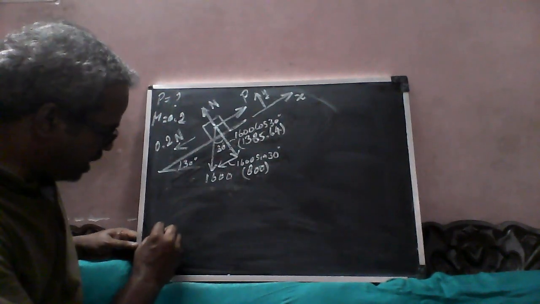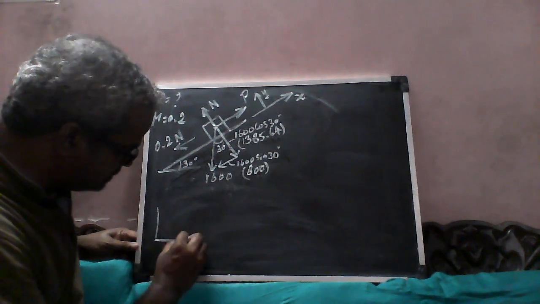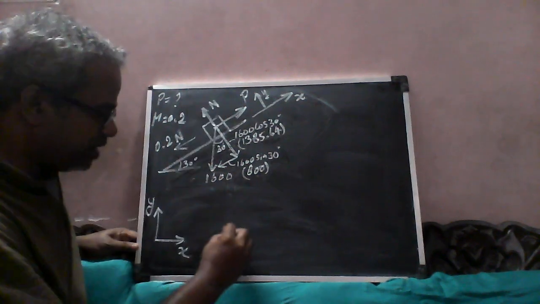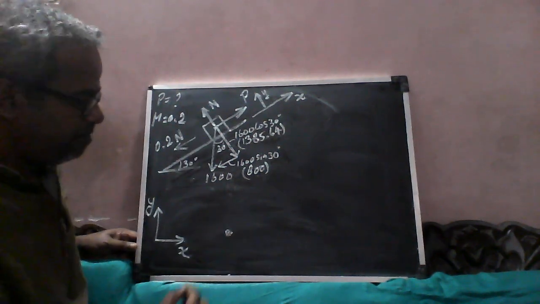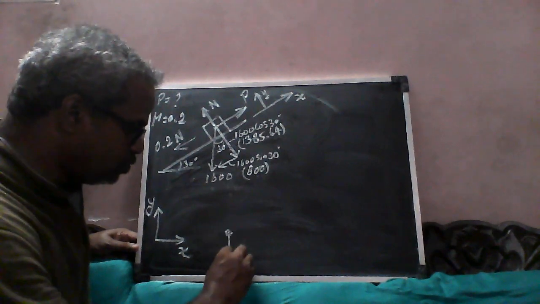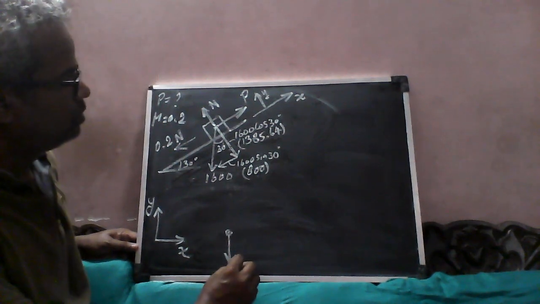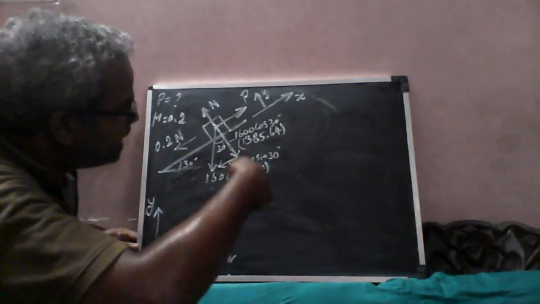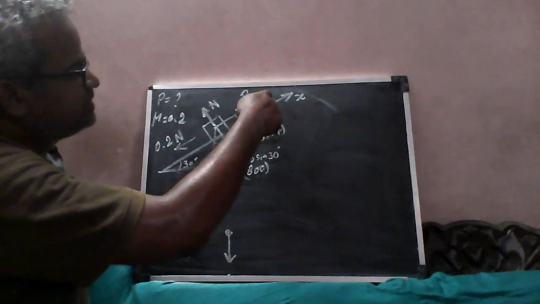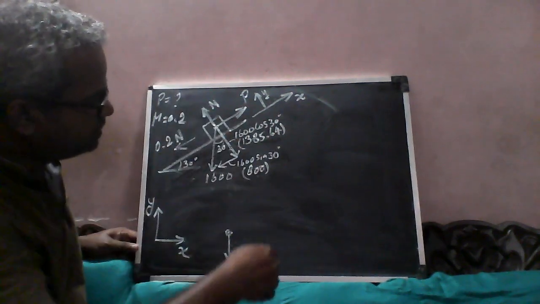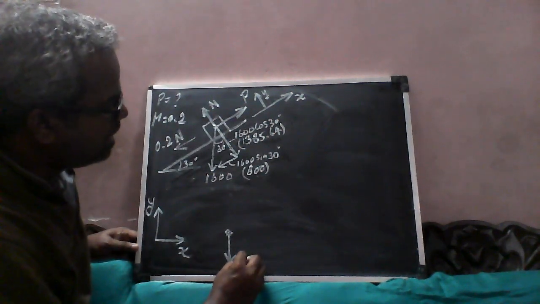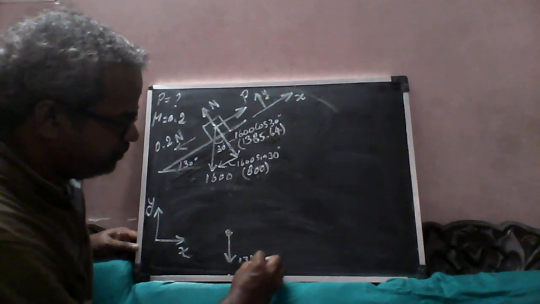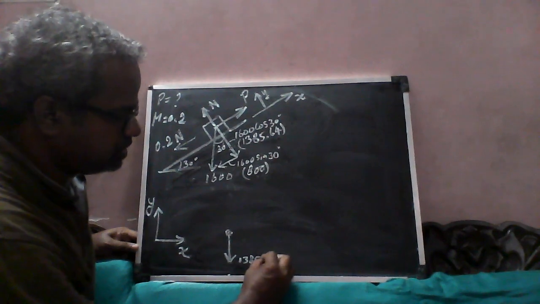So what you have to do, I have to draw a free body diagram, that is, this is x and this is y. The block I am considering as a particle. So there will be a downward force along y-axis, which is 1385.64.